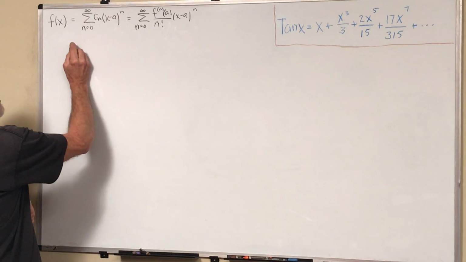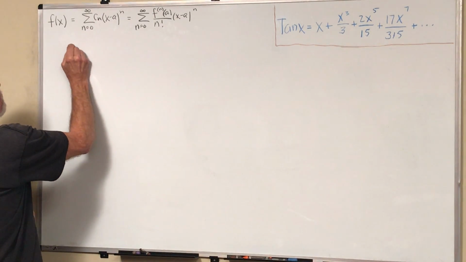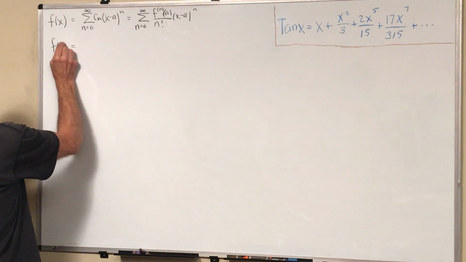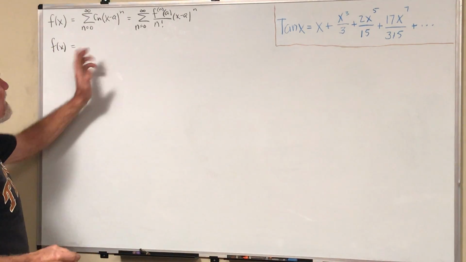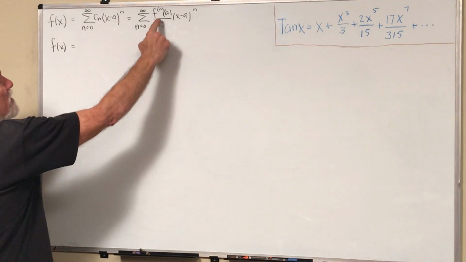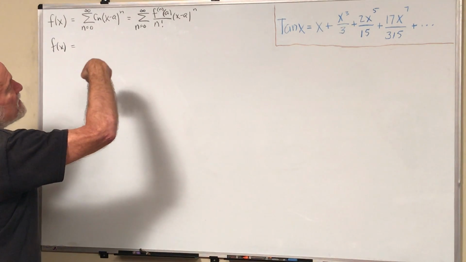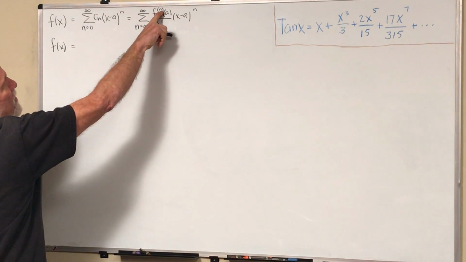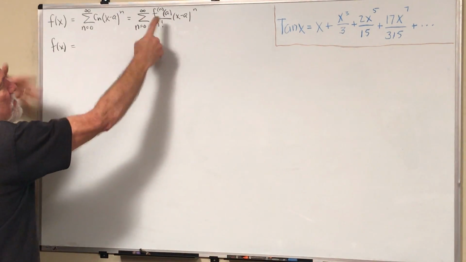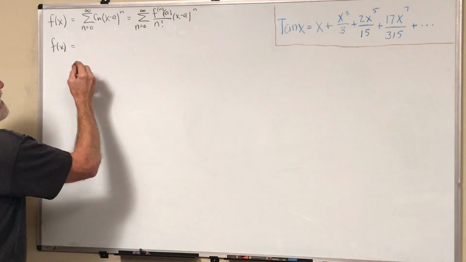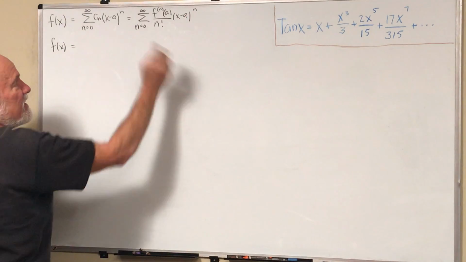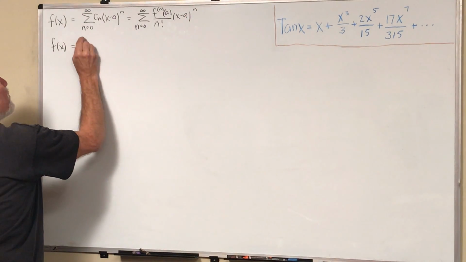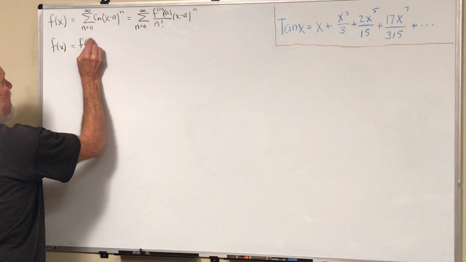So in general, what we say is that f of x is, and we take the first term, well, the 0th derivative is just the function, divided by 0 factorial, which is 1, and x minus a to the 0 power is just 1. So usually the first term we just call f of a.